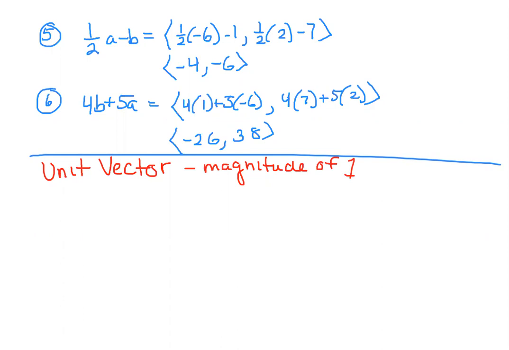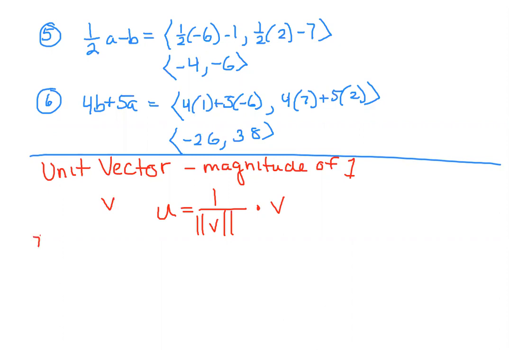So given any non-zero vector, so it can't be (0, 0), just a dot, if we have a non-zero vector v, a unit vector u in the same direction of v can be written as 1 over the magnitude of v times v. That's how you find the unit vector that is associated with the vector.